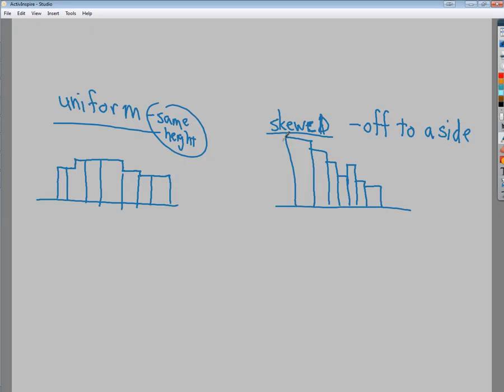And the last type would be symmetric. Symmetric sort of looks like a building or a normal distribution, if you know what that means. You tend to have one big part in the middle, and then the sides are pretty close, and then it just sort of goes down.